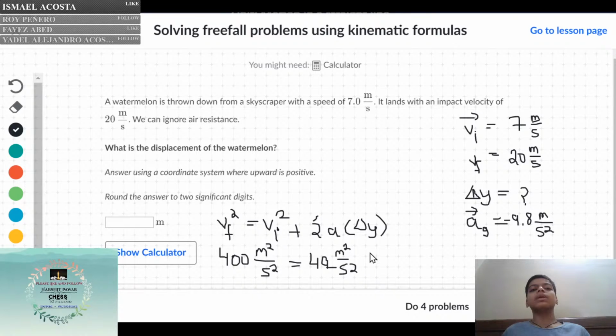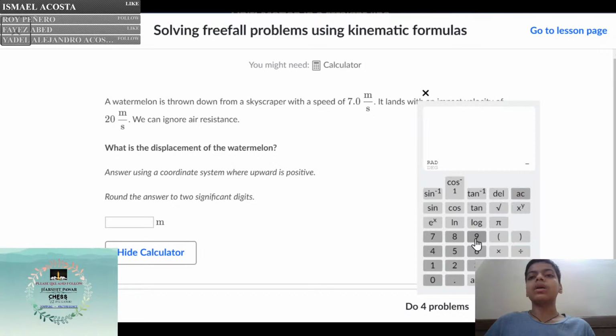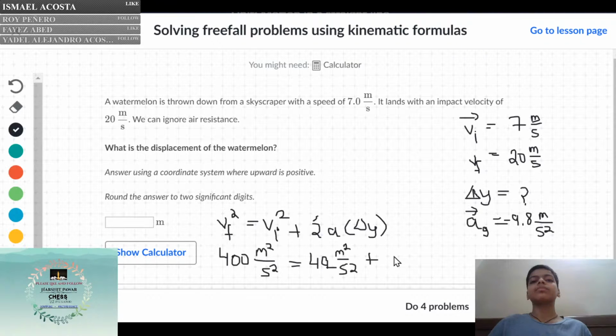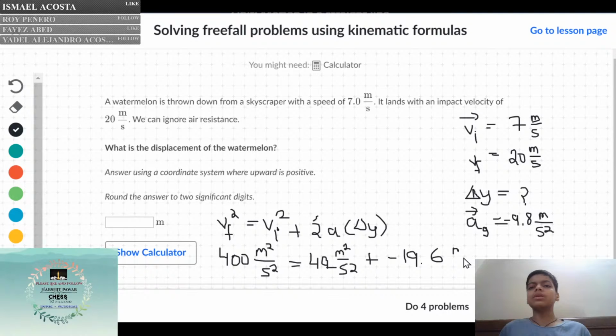Plus 2 times negative 9.8, which is negative 19.6 meters per second squared, times the change in y.